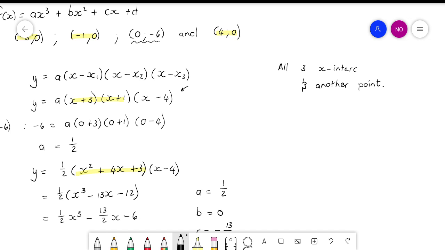If they give you all 3 the intercepts and another point, then that's how you do it. Good. Second example.